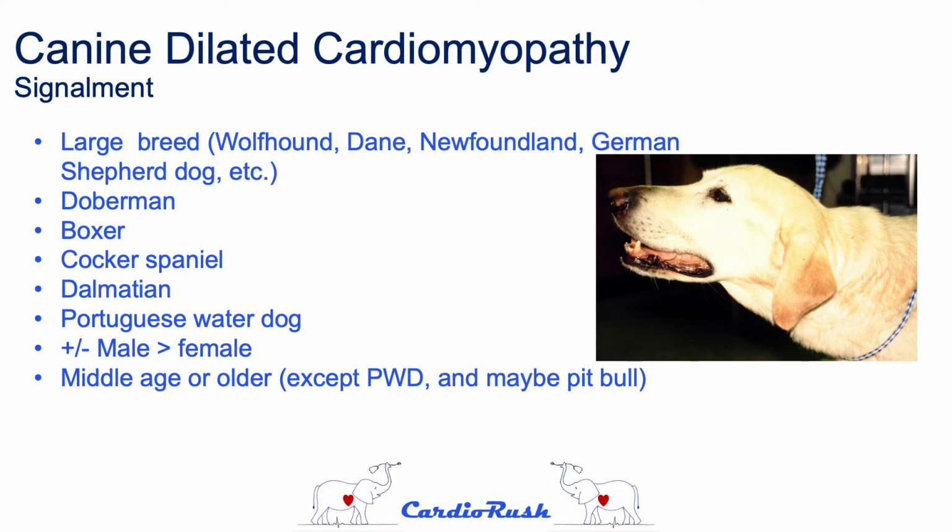In general, there seems to be a slight male predisposition for the development of overt signs of cardiomyopathy, although genetic mutations are not clearly showing a male predisposition. And in most dogs, cardiomyopathy develops in middle-aged or older dogs. The exception might be a juvenile form in Portuguese water dogs, and we see certain pit bulls that develop cardiomyopathy quite early in life.